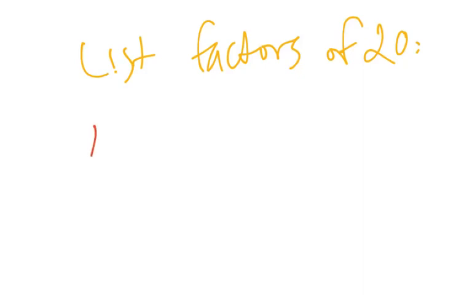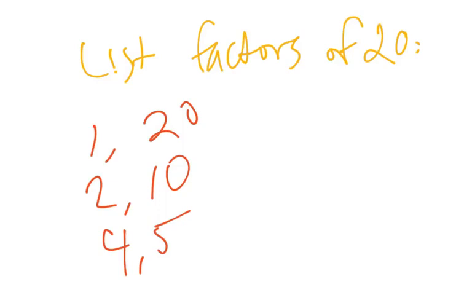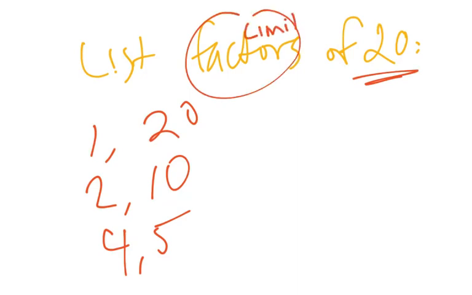So you could list 1 and 20, those are 2 factors, 2 and 10, that's 2 more, 4 and 5. Whereas I could have told you list 8 multiples of 20, I could not tell you to list 8 factors of 20 because there are only 6 of them and that's it. Nothing else is going to multiply together, no other whole number, to equal 20. So factors, a limited number of possibilities.